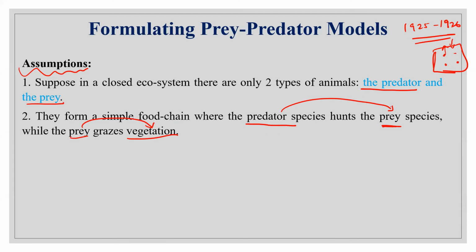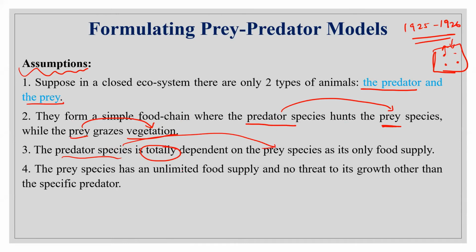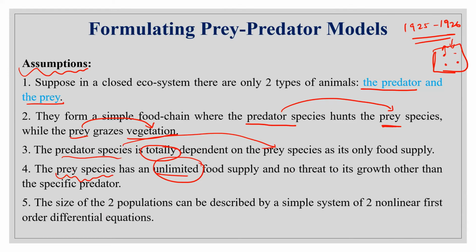The prey is eating vegetation. The predator population is totally dependent on the prey species for its food supply. This is also an assumption. And the prey species has unlimited food supply because it is depending on vegetation. It was considered that the prey species has unlimited food supply and the only threat to the prey population is the predator population which is eating it.